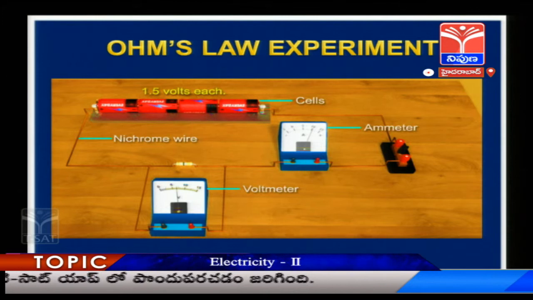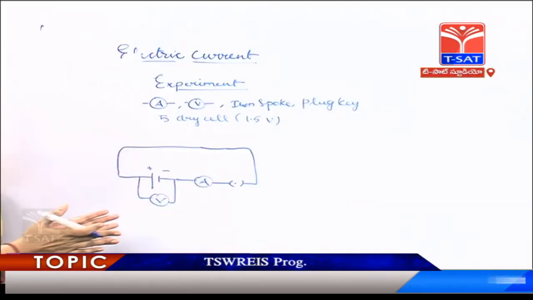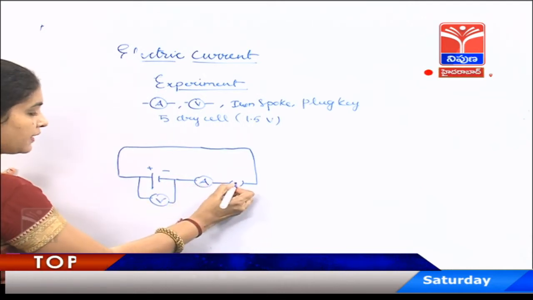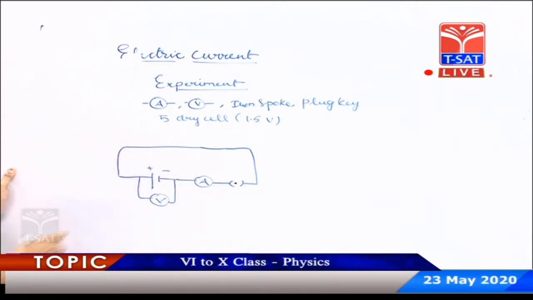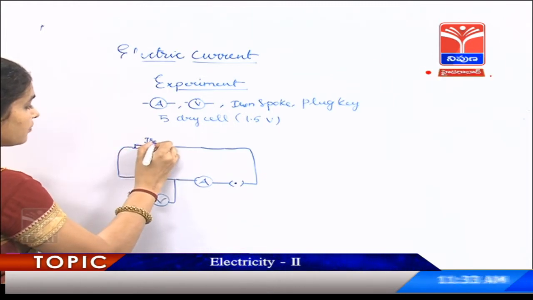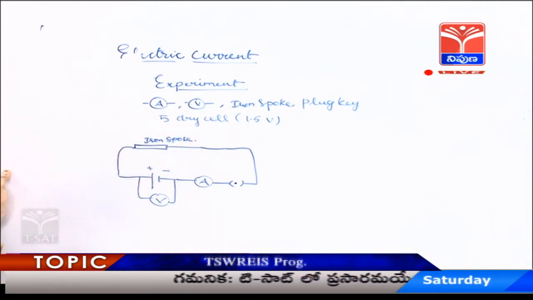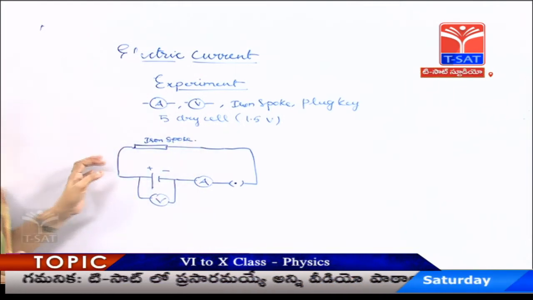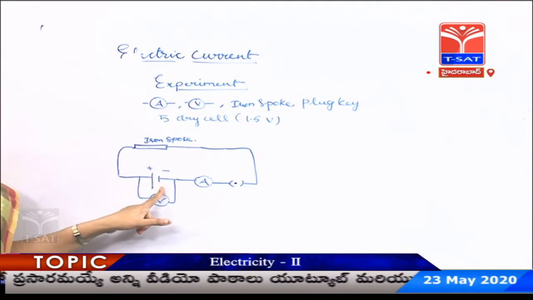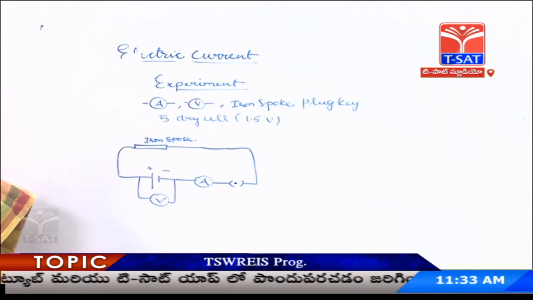Now, connect first one dry cell in the circuit and close the plug key. Here, the iron spoke. Children, connect one cell in the circuit and close the plug key. Current starts flowing through it.